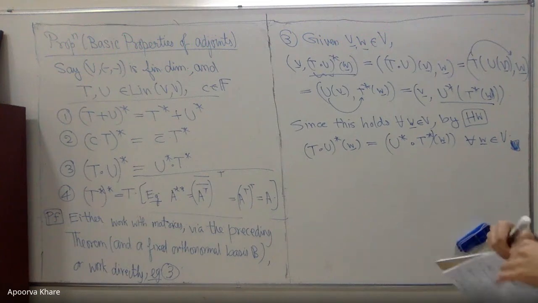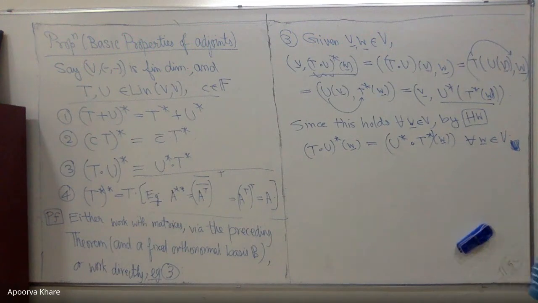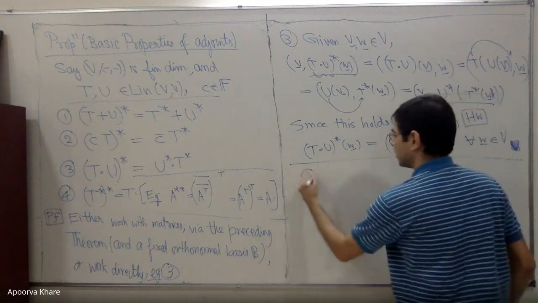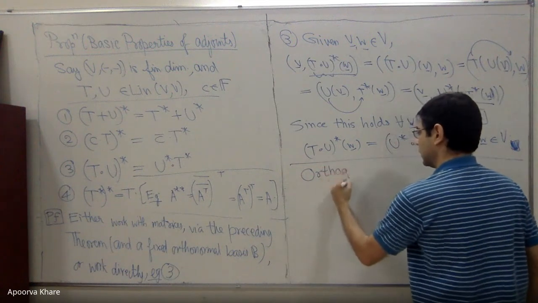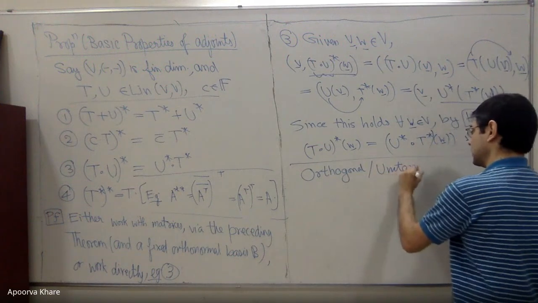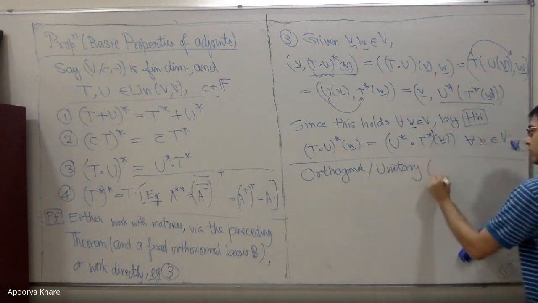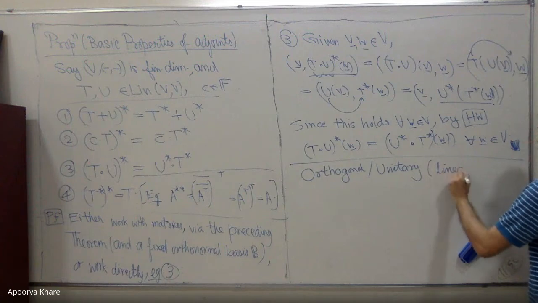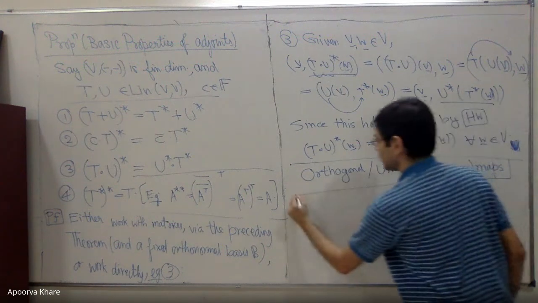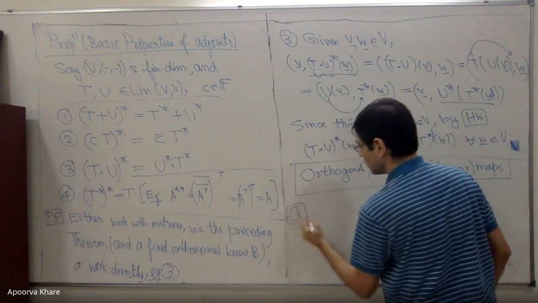Okay, so that was the end of the adjoint section. Now let's move on to the orthogonal and unitary maps. A natural question: linear maps, of course, they're always linear, this is a linear algebra class. The question is the following.